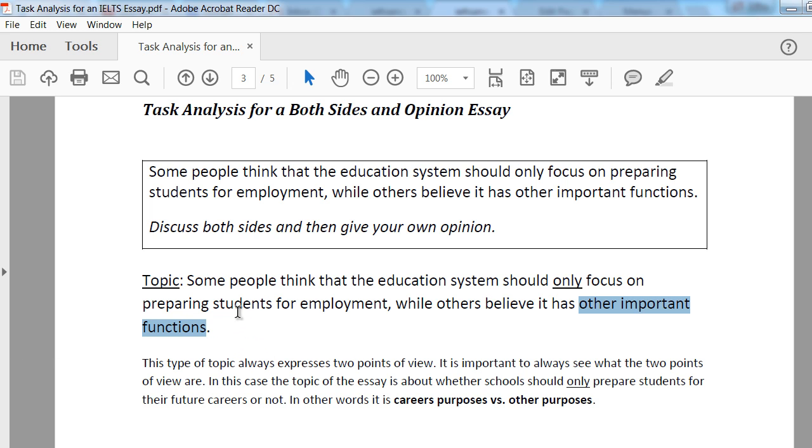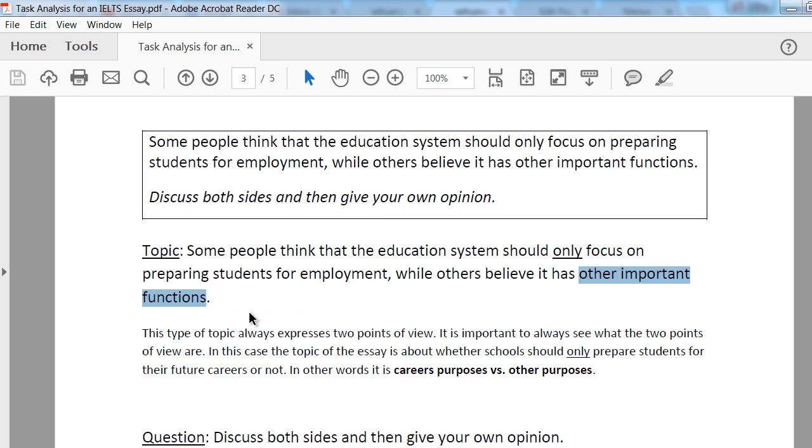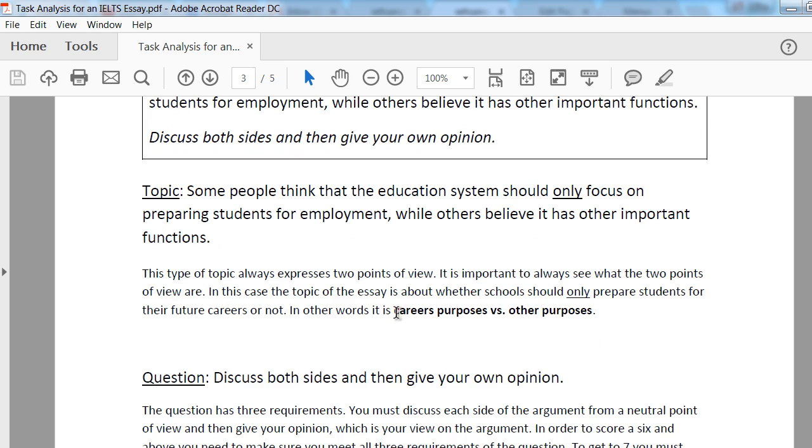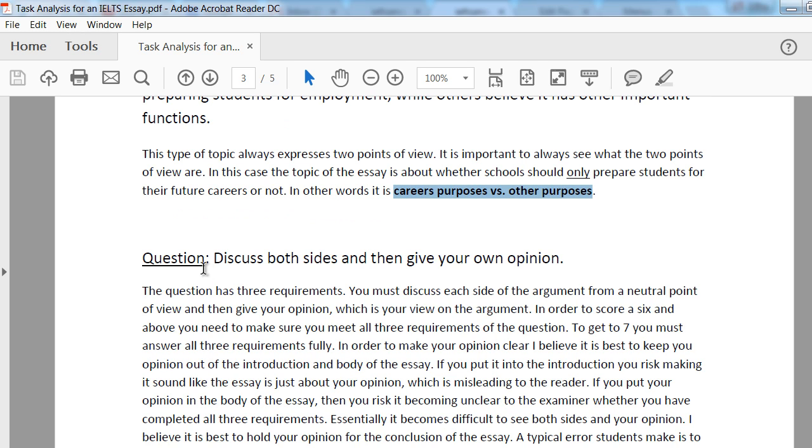Okay, so we want to work out what the two sides are. That's really important. And essentially this is it here. Education is for career purposes only, or should it be for other purposes also? And then we can go down to our question: discuss both sides, and then give your own opinion.